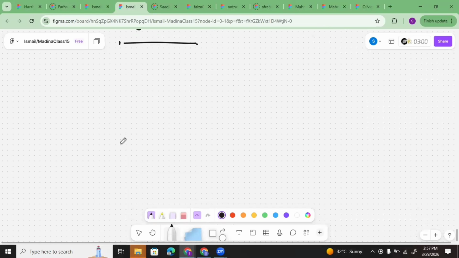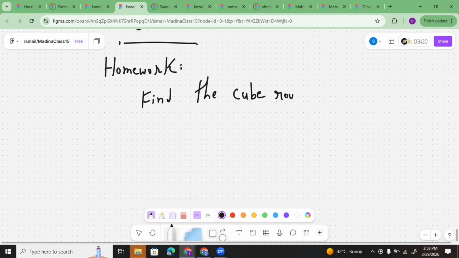That will be 4. Now a homework for you. You need to find the cube root of the following numbers. I will give you one simple question and one a little bit complex.